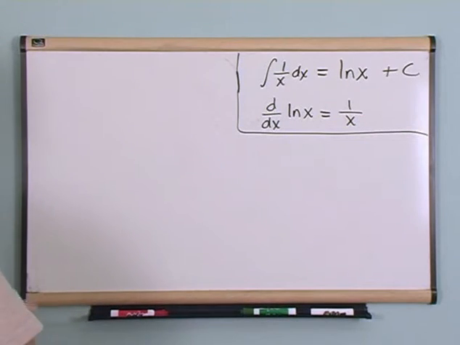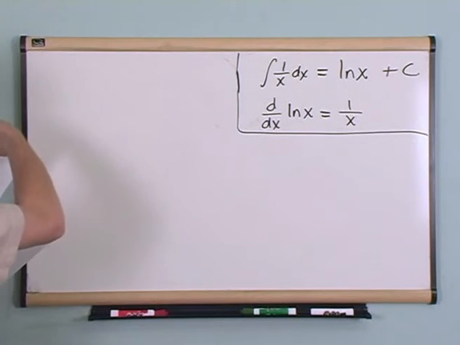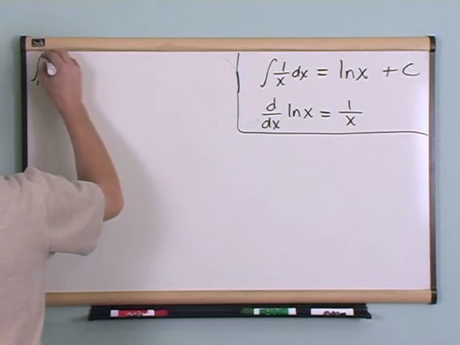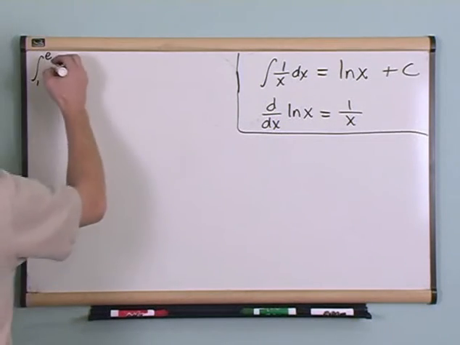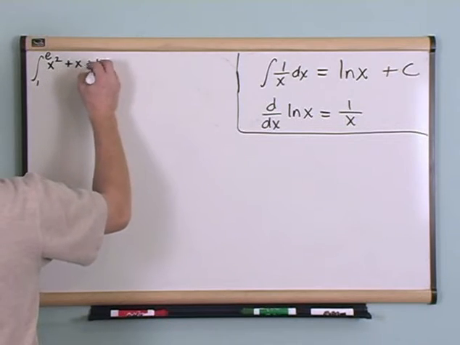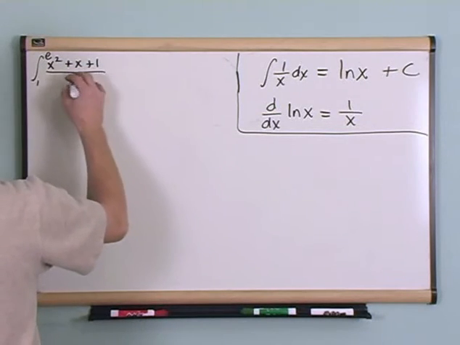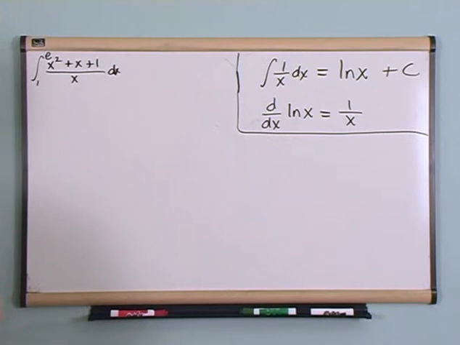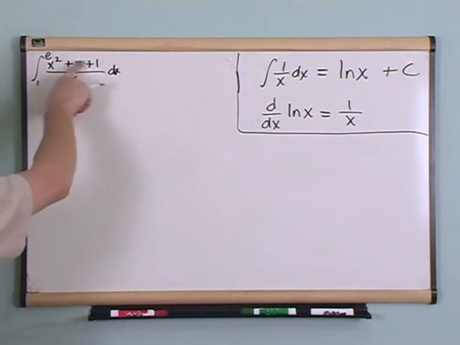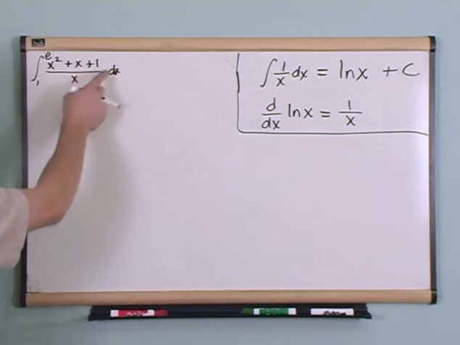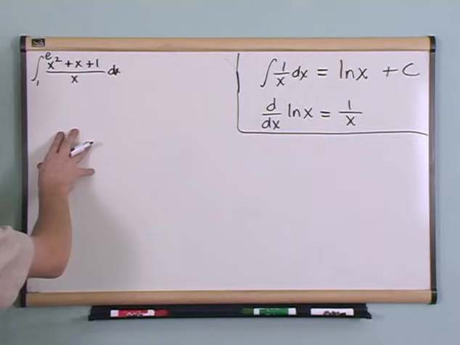Okay, let's switch to something a little bit more challenging. What if I had the integral from 1 to e of x squared plus x plus 1 over x dx? Well, anytime I see a polynomial divided by a single term, I think to myself that I can split these terms up into different integrals.